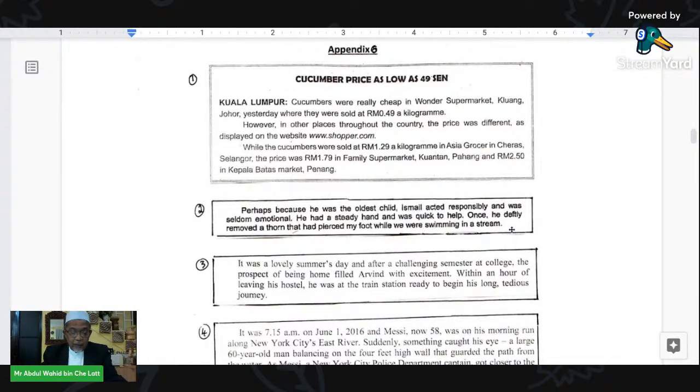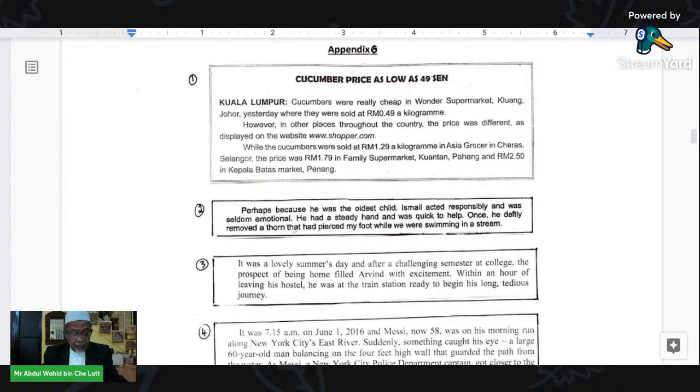Focus on the words was and was in line 1, had and was in line 2. These are stative verbs, simple past stative, describing the quality of Ismail once upon a time, not today. Okay?